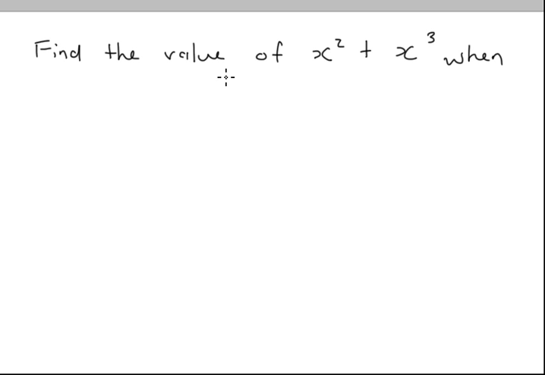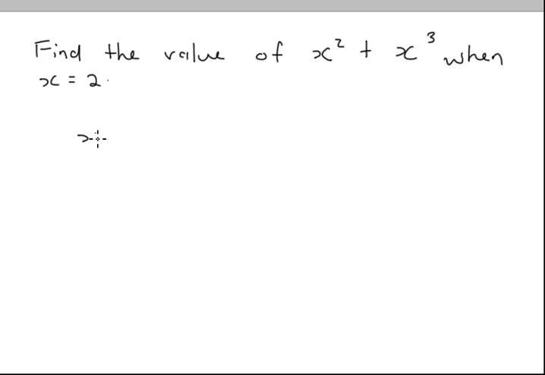Now we look at another example. Let's find the value of again. And here is my expression. It's x squared plus x cubed, and when my x is equal to 2.